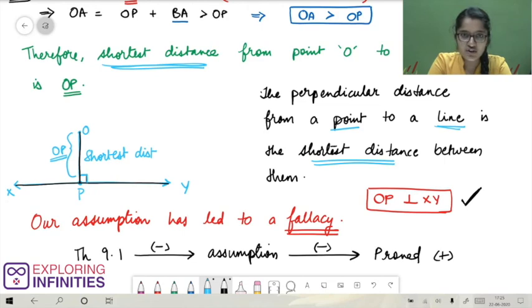If our assumption is wrong, it means that the initial statement is correct. And the initial statement says that OP is perpendicular to xy.